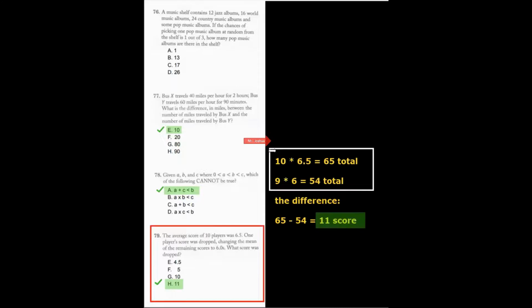But now that there are 9 players in the average, if we do 9 times the average 6, that means that's 54 total points. So the one person that was dropped from the scorekeeper's log would be 65 minus 54, or a score of 11. The correct answer was H. A score of 11 was dropped from the list.